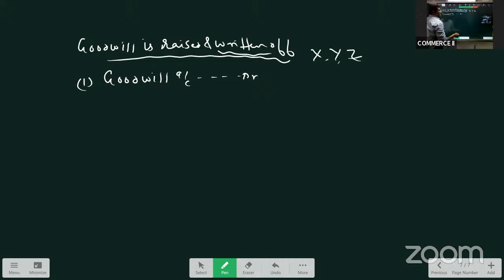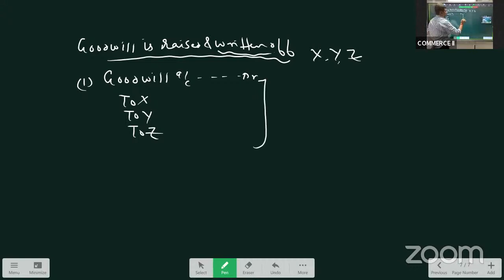So what is the accounting treatment? Goodwill account debited. Let us take, for example, our partners are X, Y, Z. Then the entry would be goodwill account debit to X, to Y, to Z. This is for raising the goodwill. And suppose Y is retiring, leaving the firm.